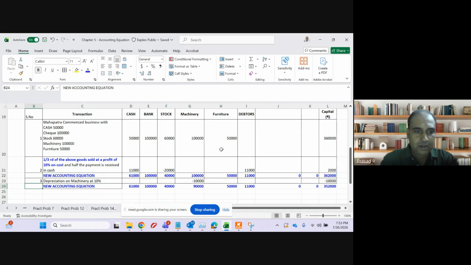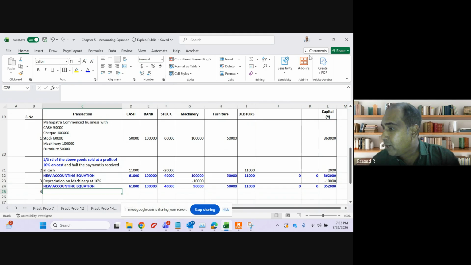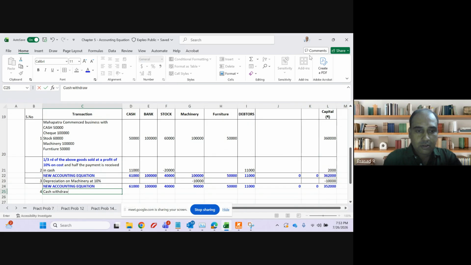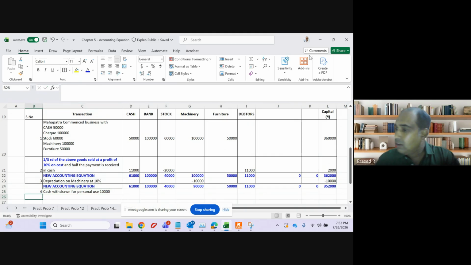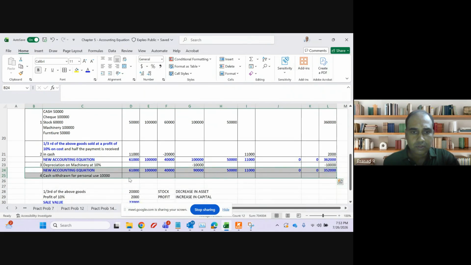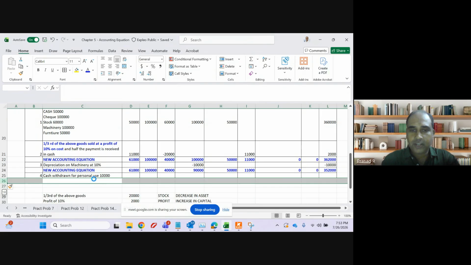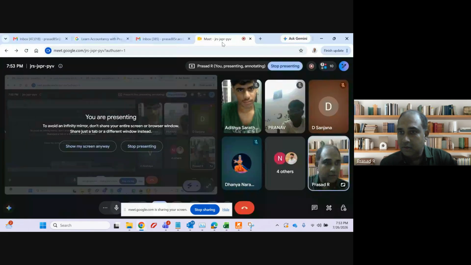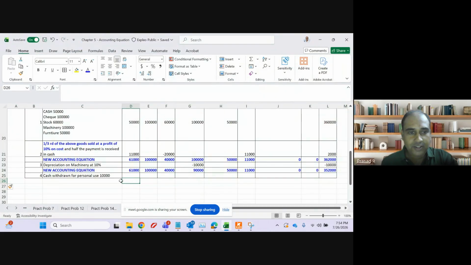Now the question is very simple. Only point number 2 was difficult. Point number 4 is cash withdrawn for personal use. How much? 10,000 rupees. What shall I do? Drawings.